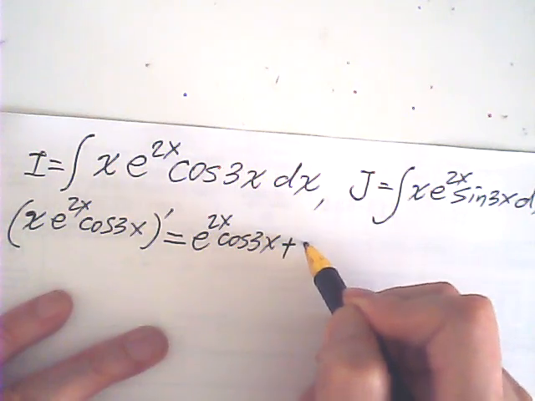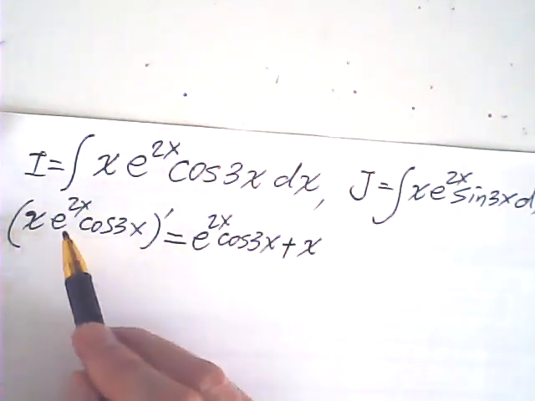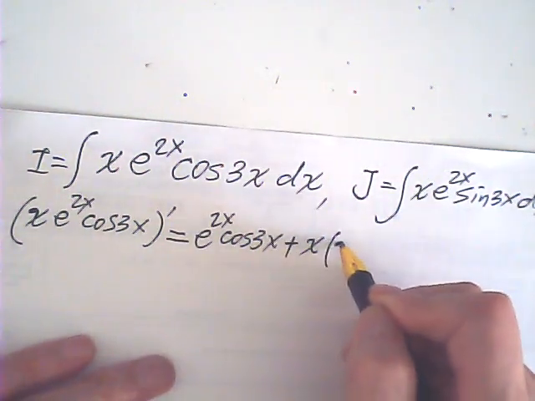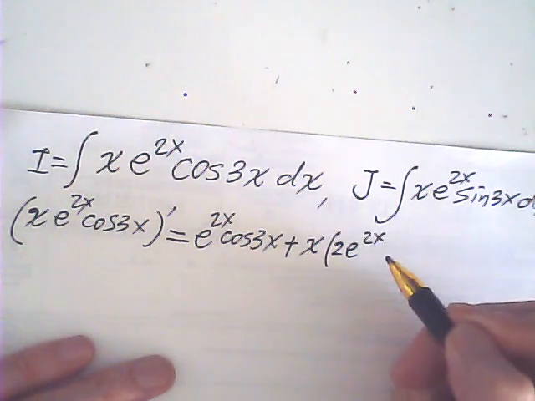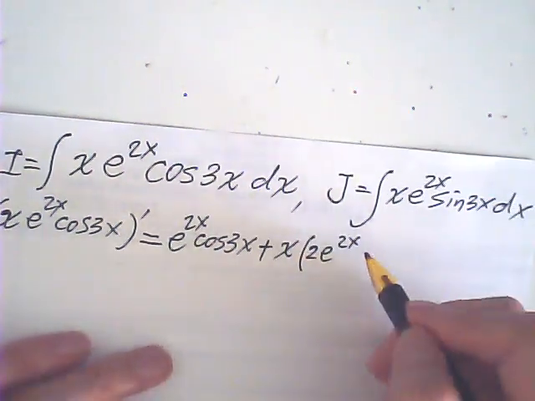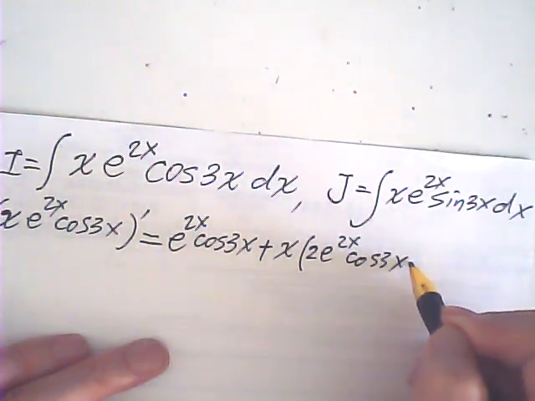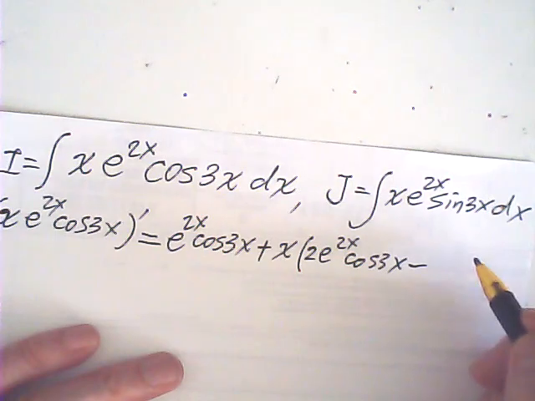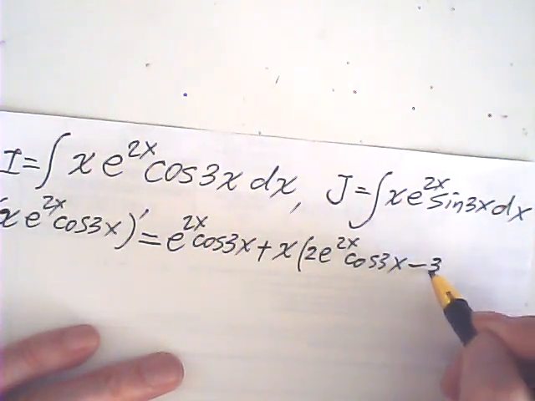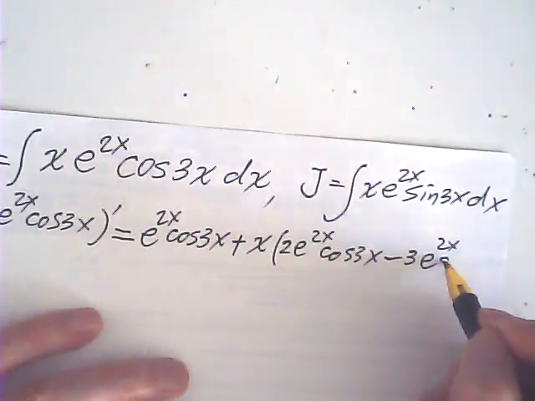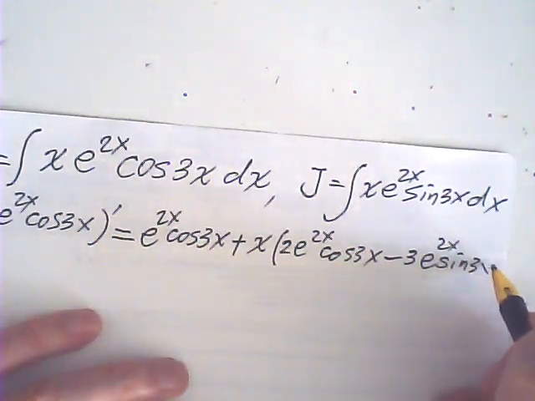Plus x times this derivative, which will be equal to 2e to the 2x cosine 3x minus 3e to the 2x sine 3x.